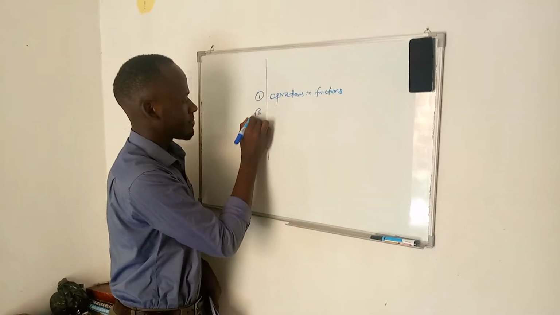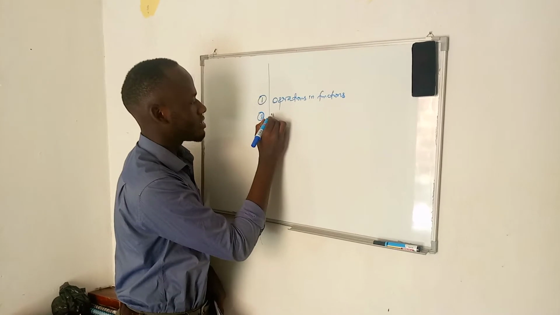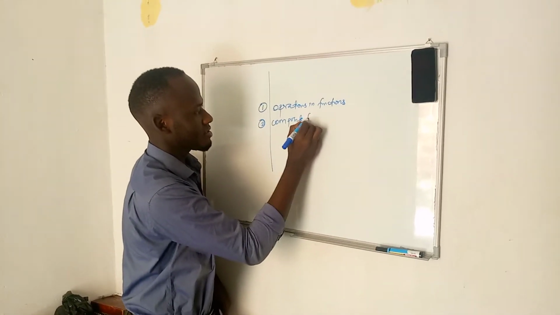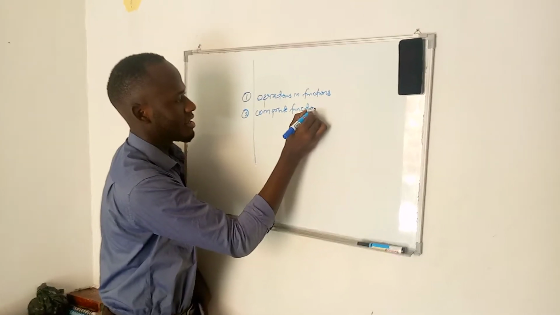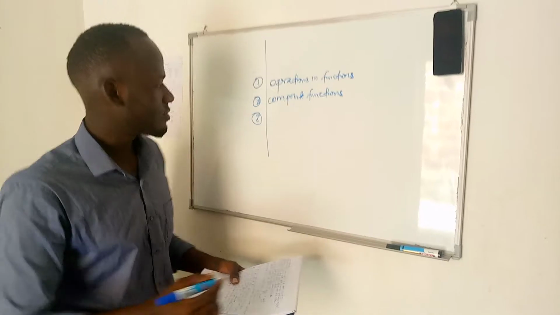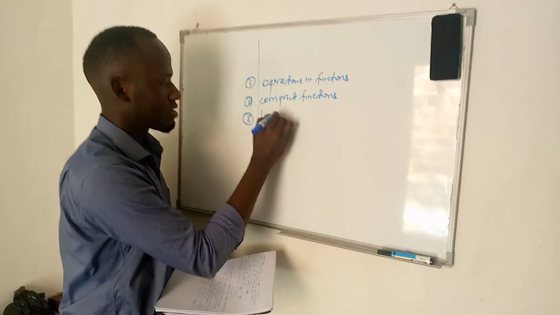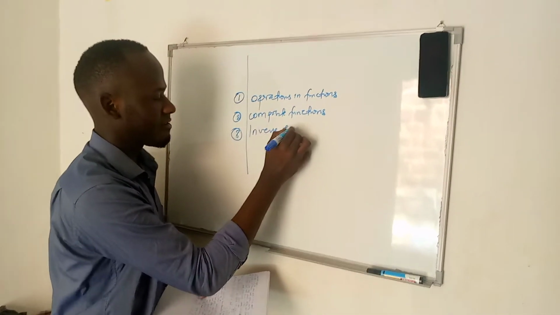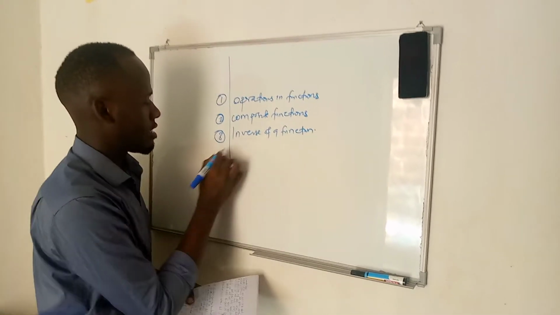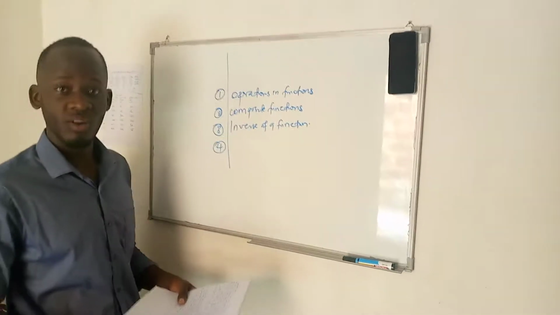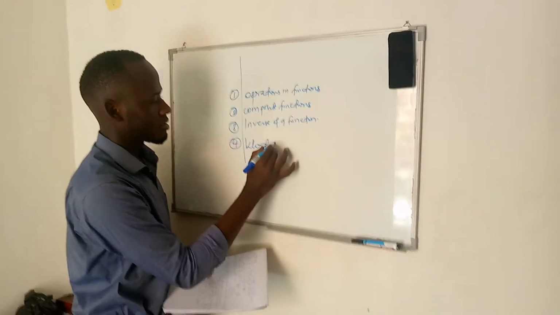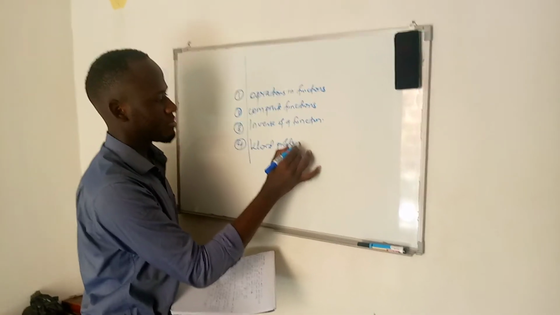Number two, composite functions. Number three, the inverse of a function. And number four, if time allows, word problems of functions.